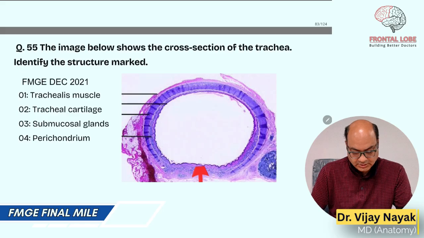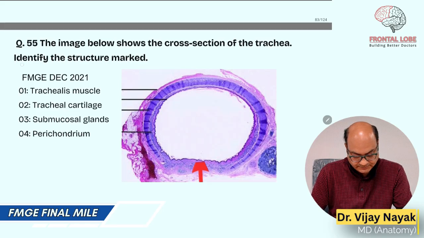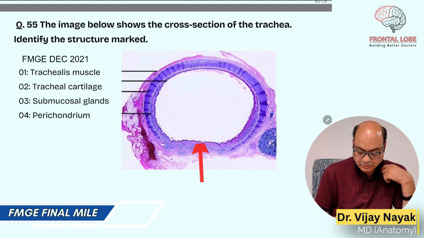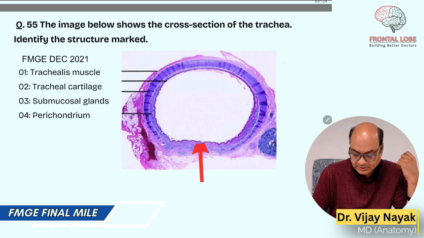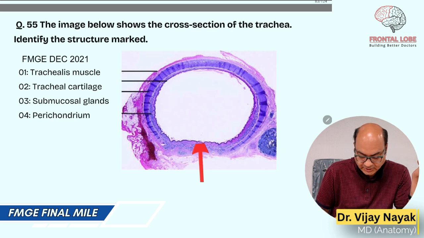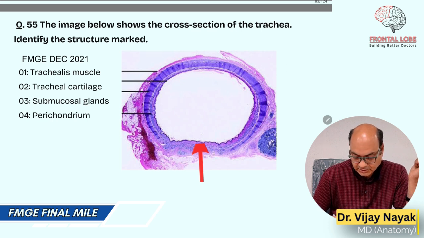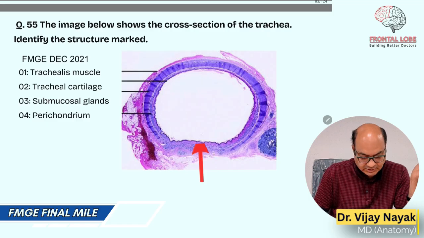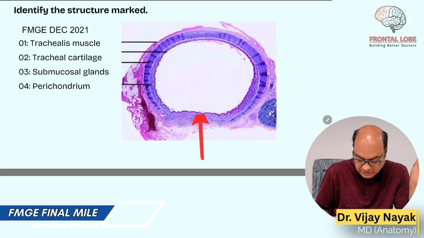The image shown below shows the cross section of the trachea. Identify the marked structure. As you know, the tracheal rings are incomplete posteriorly and they are completed posteriorly by none other than the trachealis muscle. So it's a very straightforward question. The arrow they are putting is on the posterior side.